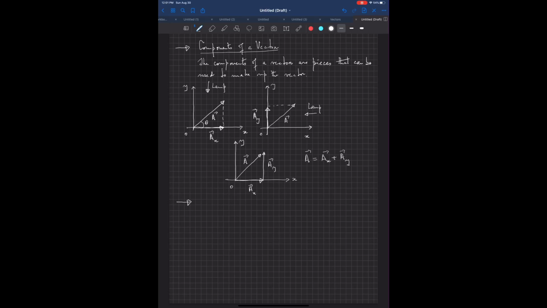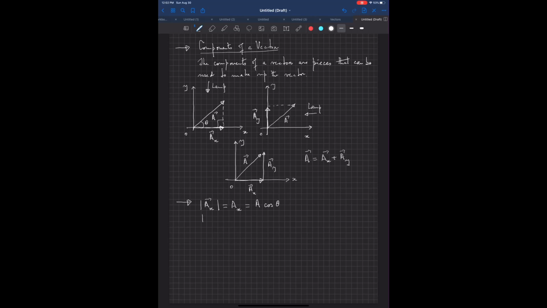I want to determine the magnitude of the vector A sub x. The magnitude of the vector A sub x, which I will call simply A sub x without the arrow, is equal to, if one looks at the right triangle which is formed over here, A sub x is equal to A cosine theta.